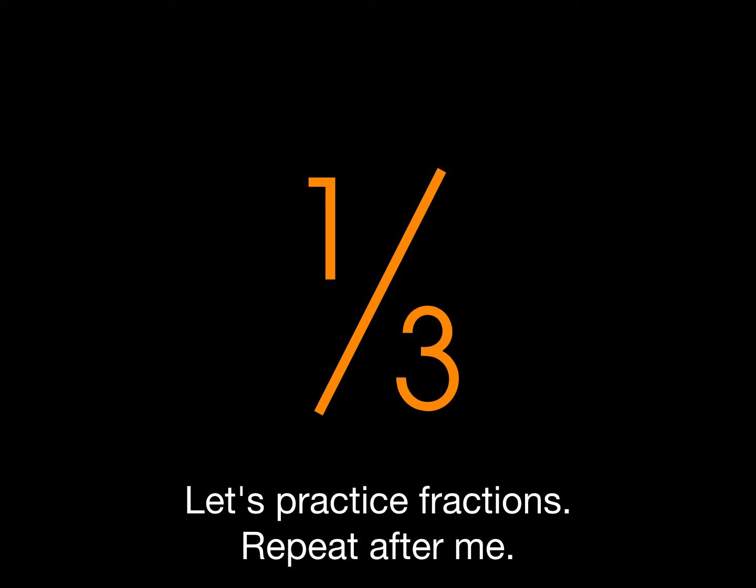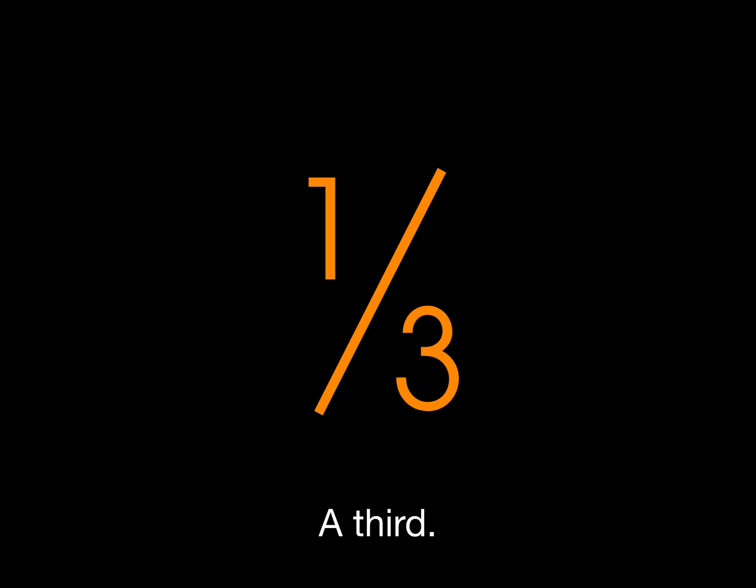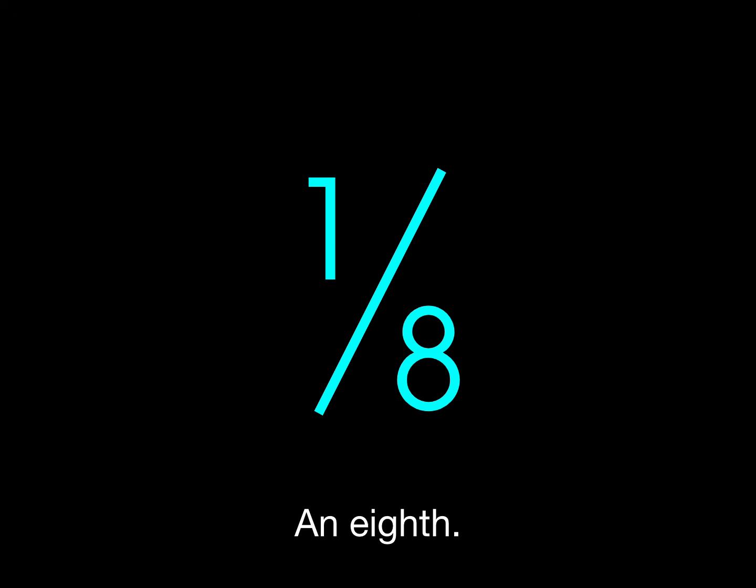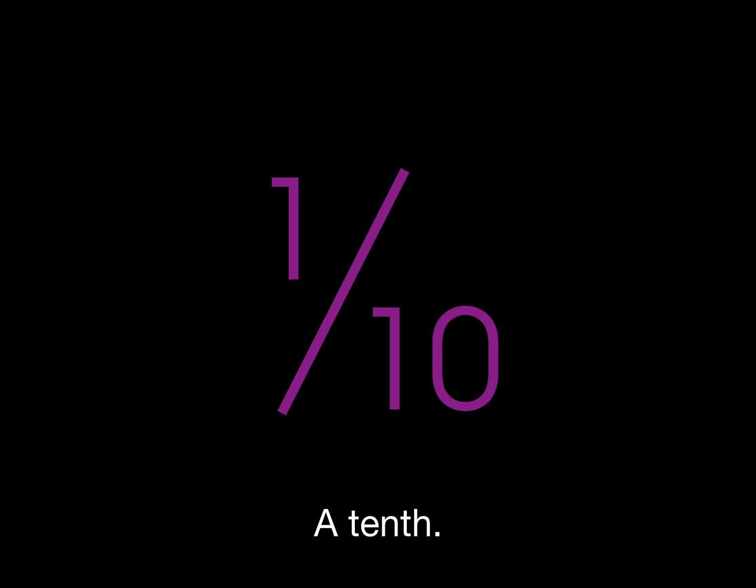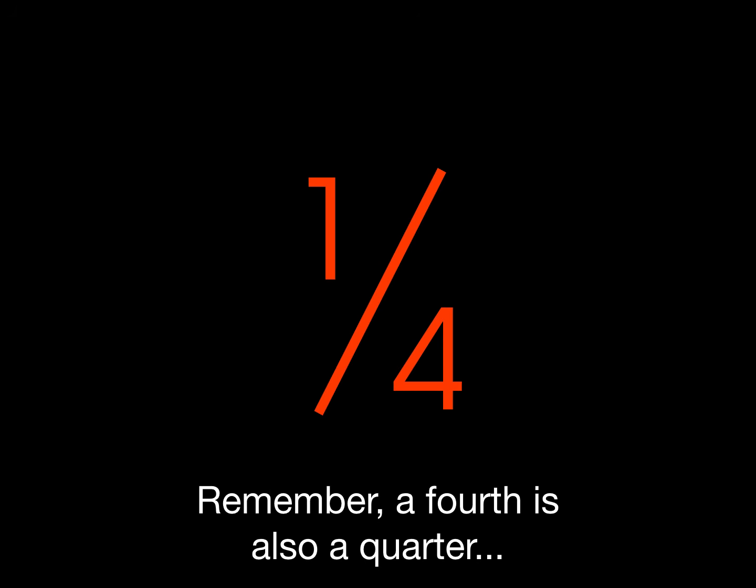Let's practice fractions. Repeat after me. A third, a fourth, a fifth, a sixth, a seventh, an eighth, a ninth, a tenth. Wonderful. Remember, a fourth is also a quarter.